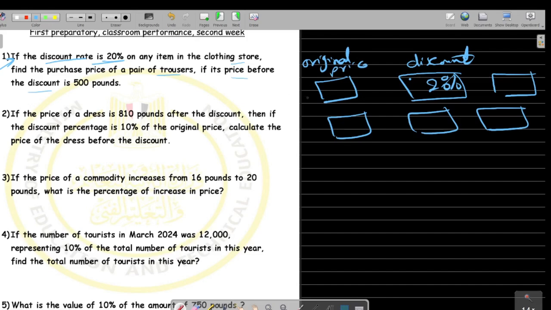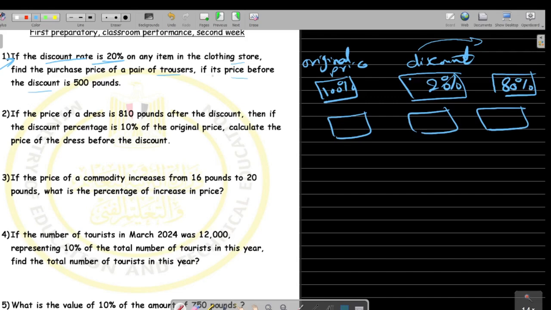The original price always would be 100%. Here the discount is 20%, so after discount you subtract 100 minus 20, so you will buy it with 80%.